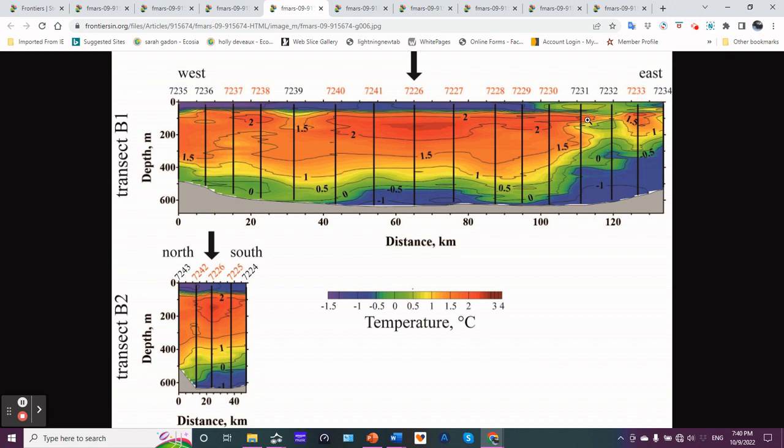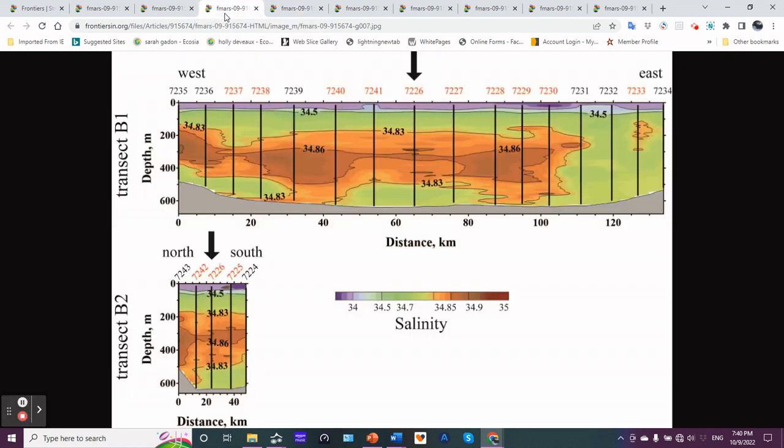And we can see a bit of an upward movement, perhaps an upwelling following the bathymetry. So what they say in their discussion is supported by the figures here. And these are probably the geostrophic flows and so forth.